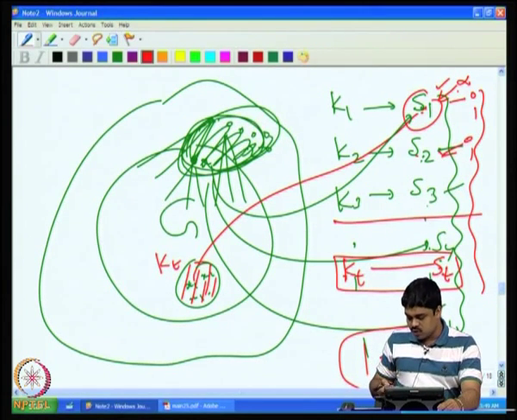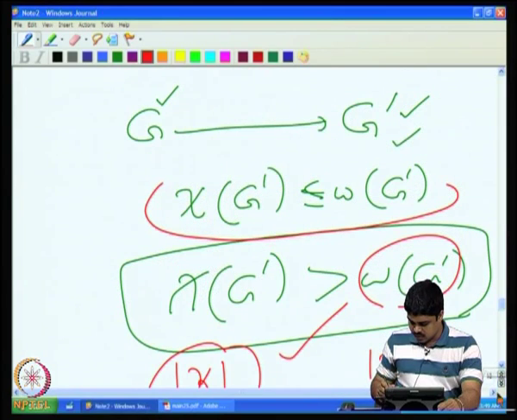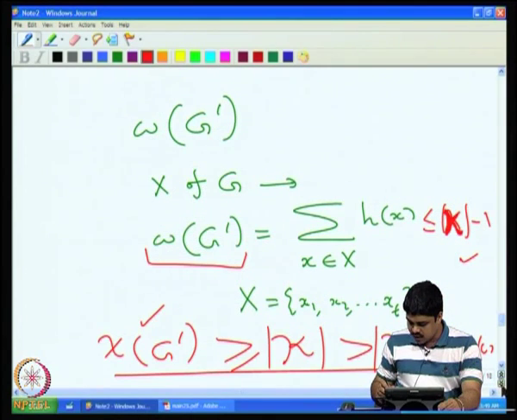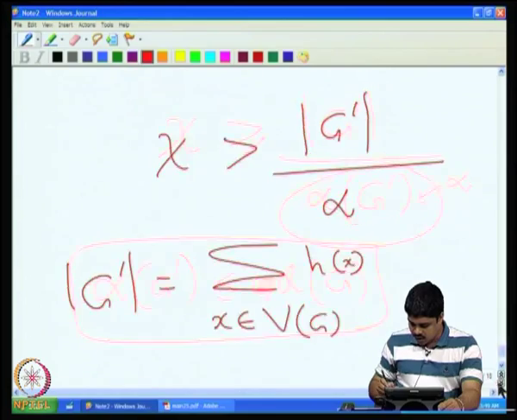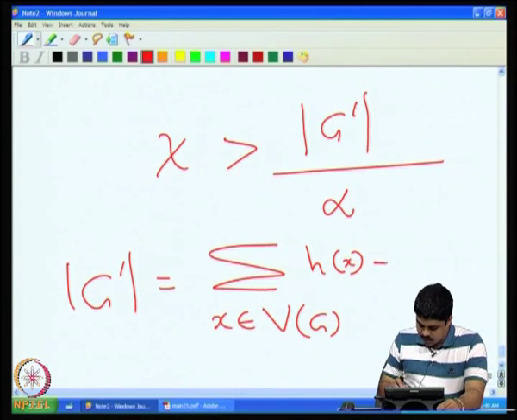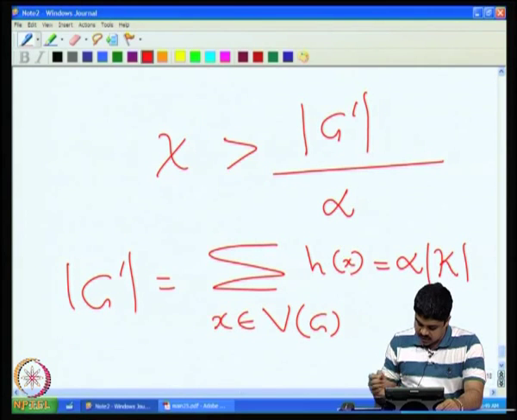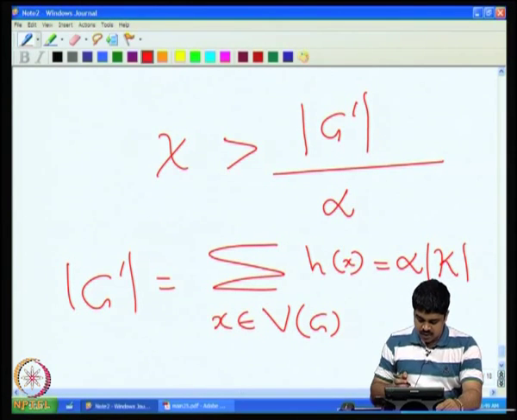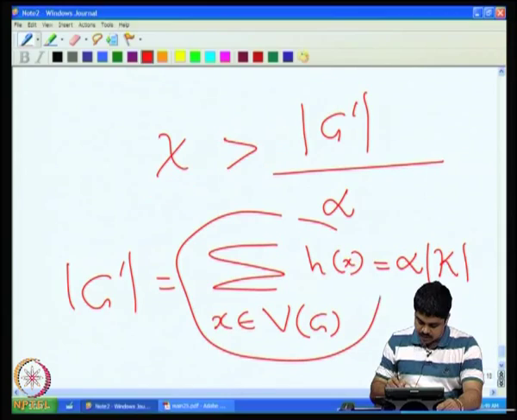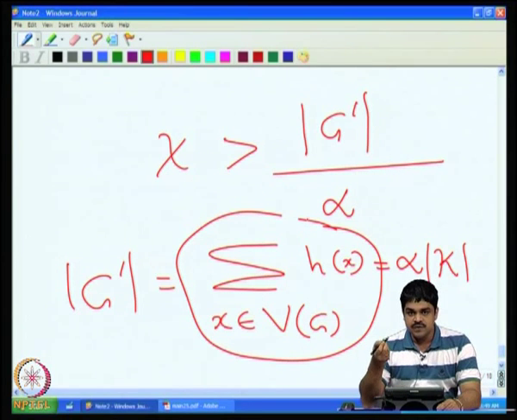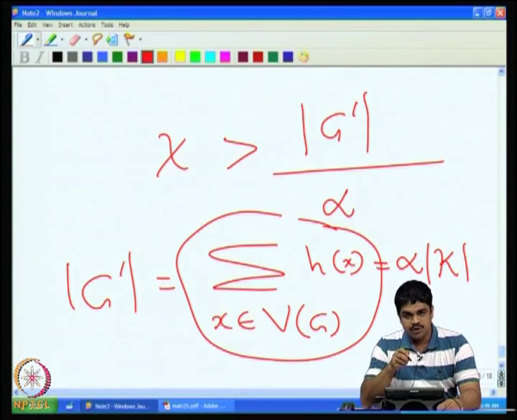S2 also will contribute an alpha. Therefore, the total contribution will be alpha times k. Why? Because if you want to find this total sum, you ask each of the sets S1, S2, S3, etc., how much you have contributed to the total sum.